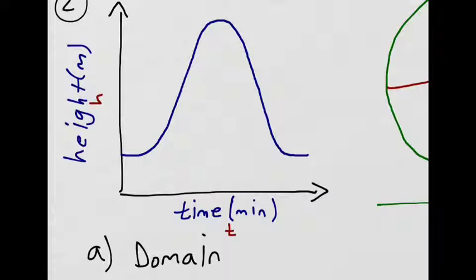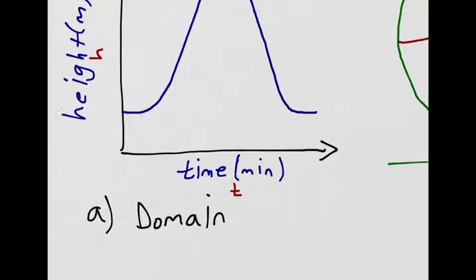It could be 0. That would be right here, the beginning of our ride on the Ferris wheel. It could also be a fraction or a decimal, because we could say we were on the Ferris wheel for 3.6 minutes here, and that would make sense. You could find your height at that point.